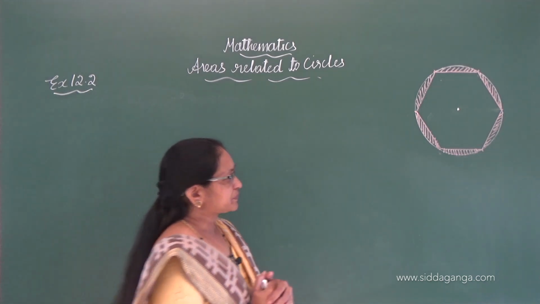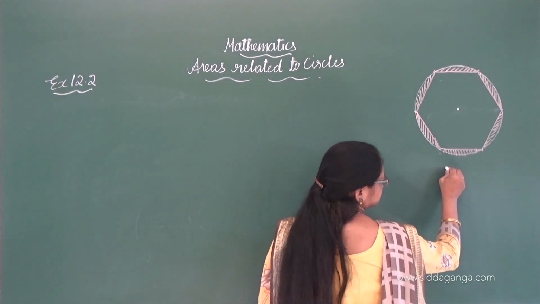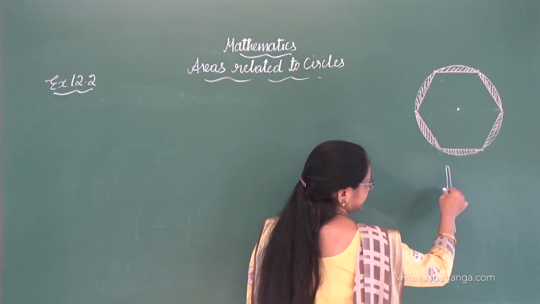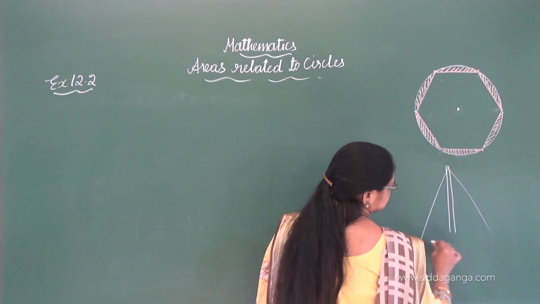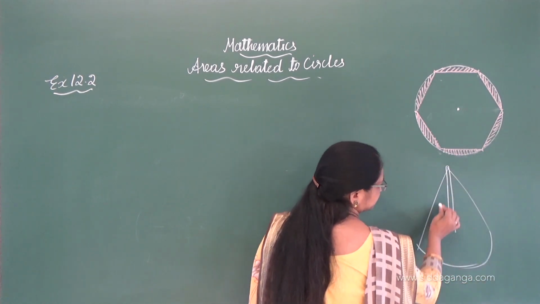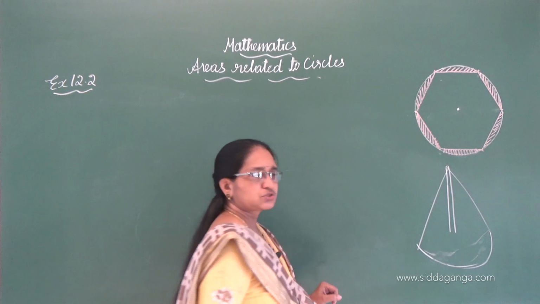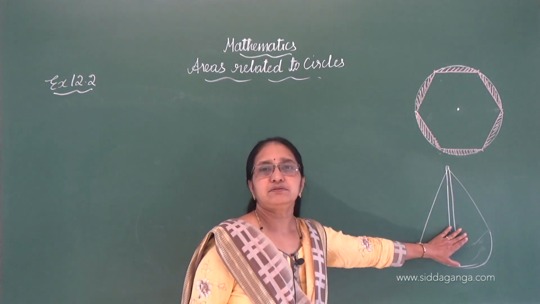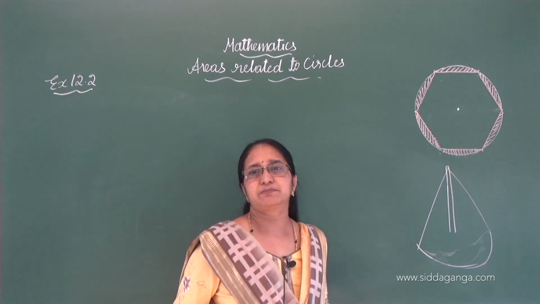So when the light spreads from the lighthouse, see, imagine it is a lighthouse here. When it spreads the light, some sector will be formed here. So you have to find out the area in which the ships can identify their path.